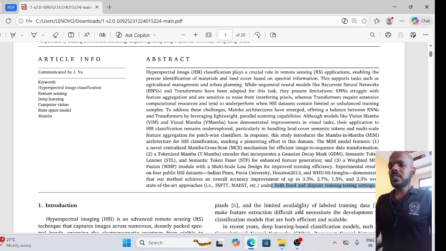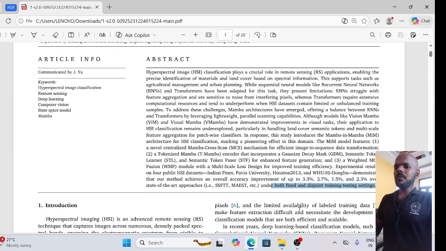So if you read the abstract first, you will understand the introduction to the problem, the limitation of the existing models, how that limitation is overcome by the proposed model, and then the obtained results. At the end you get the final conclusion.